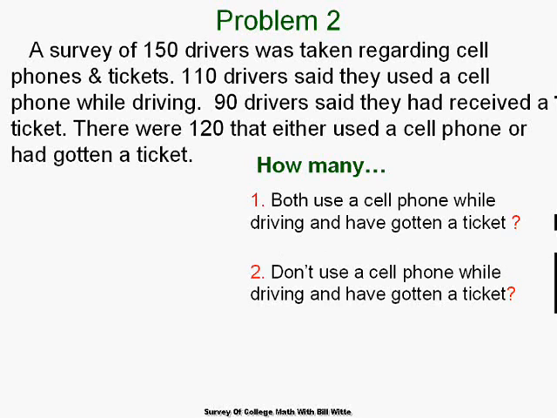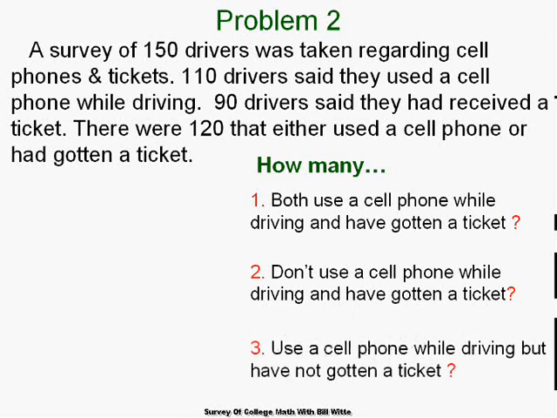How many don't use a cell phone while driving and have still gotten a ticket? And how many use a cell phone while driving but have not gotten a ticket? That would be of use. All 3 of these questions would be very useful to decide whether you want maybe your son or daughter to use a cell phone while they drive, or you yourself even.